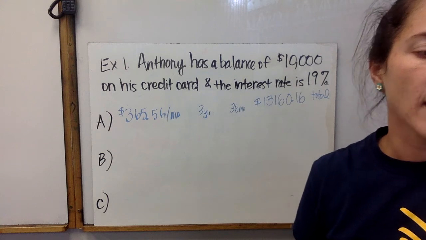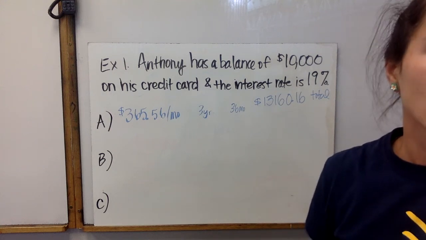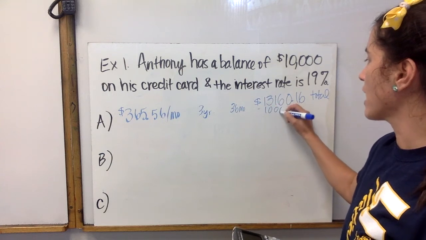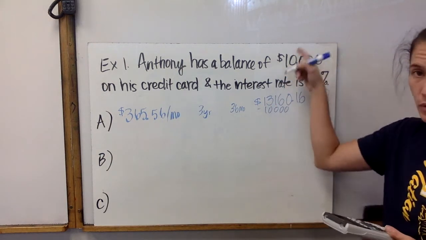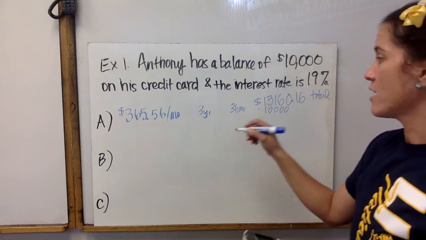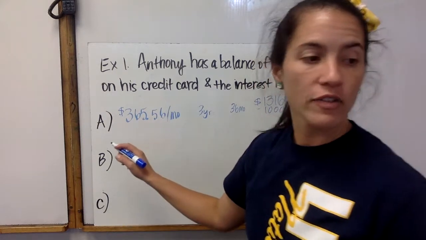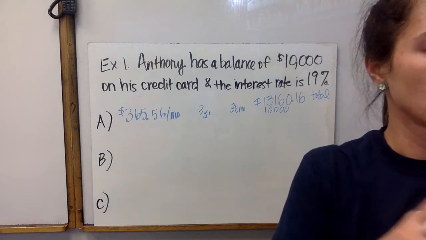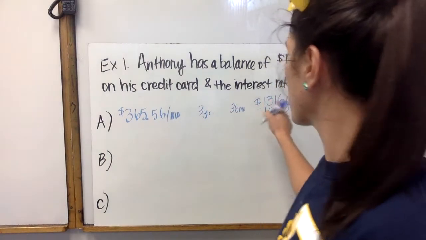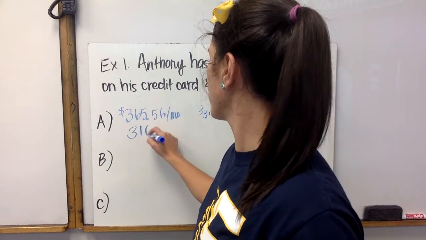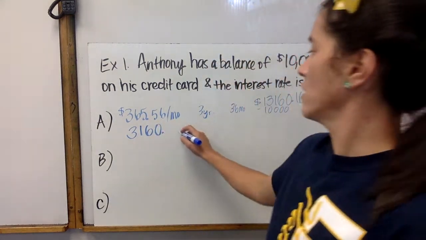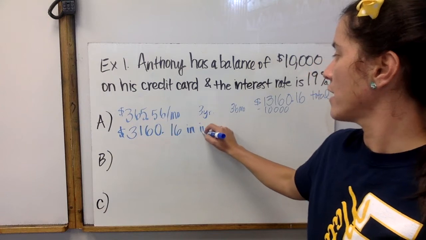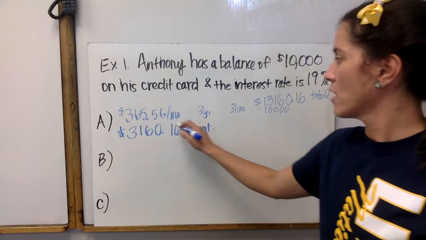But the question asks how much interest Anthony is going to pay. So to find our interest, we need to subtract out the principal, and it looks like he's going to have $3,160.16 in interest for 3 years.